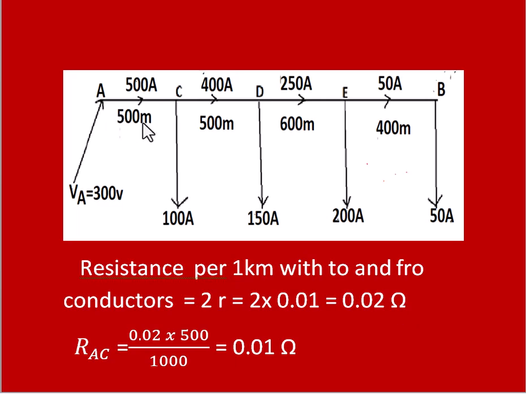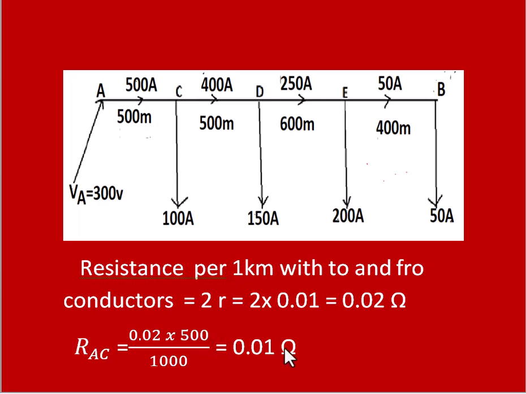Whereas in sections the distance is different. In AC the distance is 500 meters, whereas this resistance is for 1000 meters. So RAC can be calculated as 0.02 into 500 divided by 1000. So for 1000 meters the resistance is 0.02, whereas for 500 multiply that with 500 over 1000.